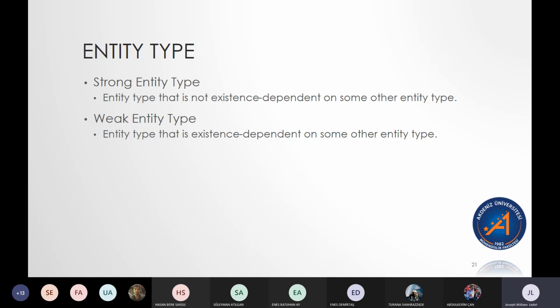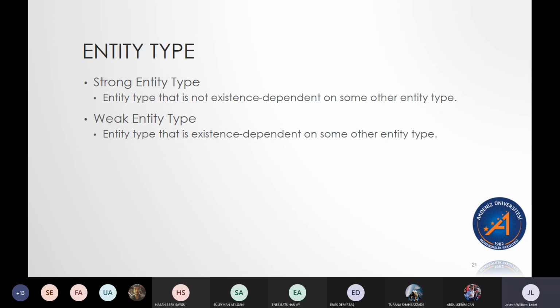Example in the university, right, is if you had a relationship between department and teacher. Okay. As far as the university is concerned, the teacher would be considered the weak entity type because the teacher's existence depends on the department that they belong to existing.